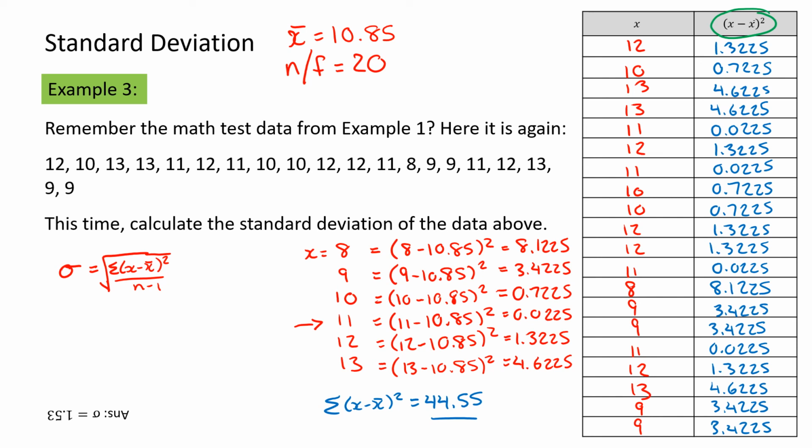So now, to solve for it, we substitute our values in. So the term in the numerator, again, is this sum, 44.55. And it's divided by our number of terms, 20 minus 1. So if we do that, what we get is the square root of 2.3447.